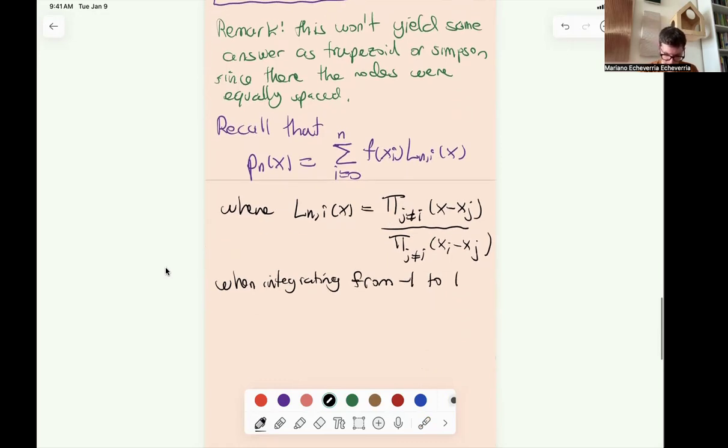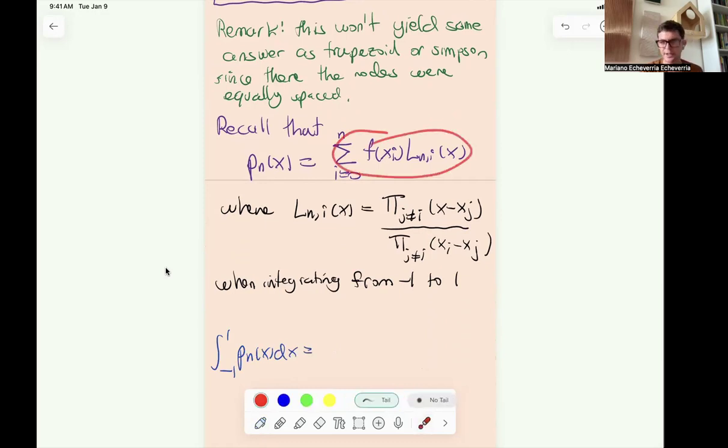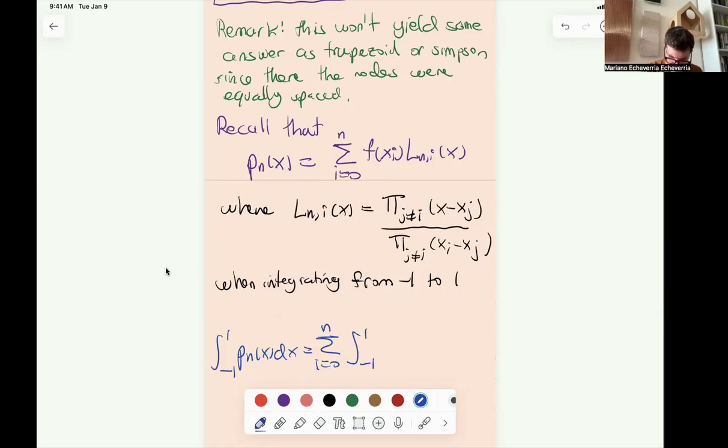It tells you that the integral from -1 to 1 of Pn of x dx, how do you integrate this? The integral of a sum is the sum of the integrals. So it's just the sum from i equals 0 to n of the integral from -1 to 1 of f of xi times Ln,i of x dx, right?